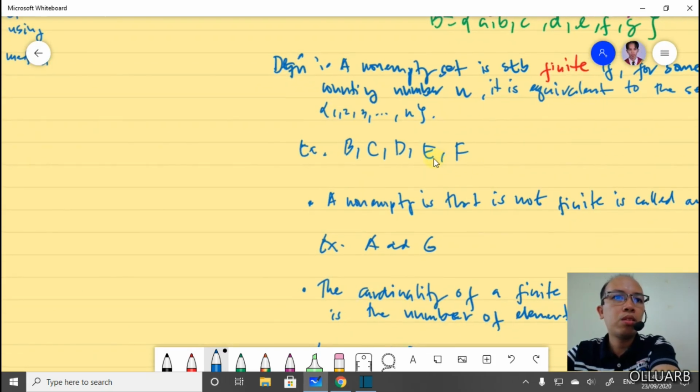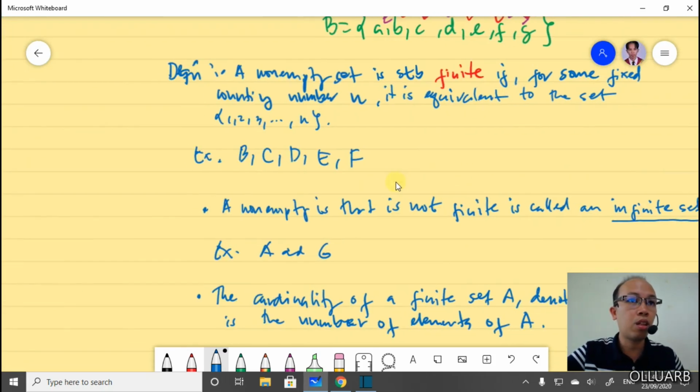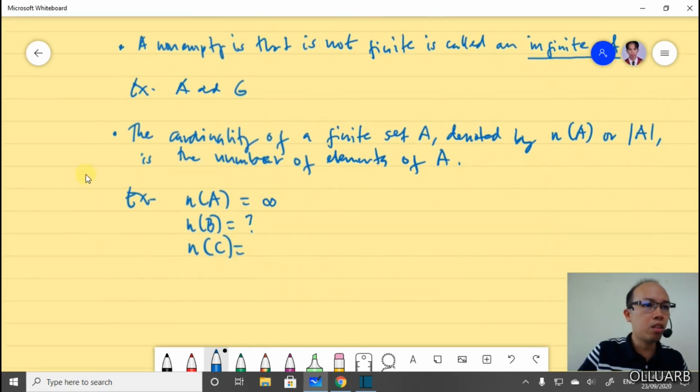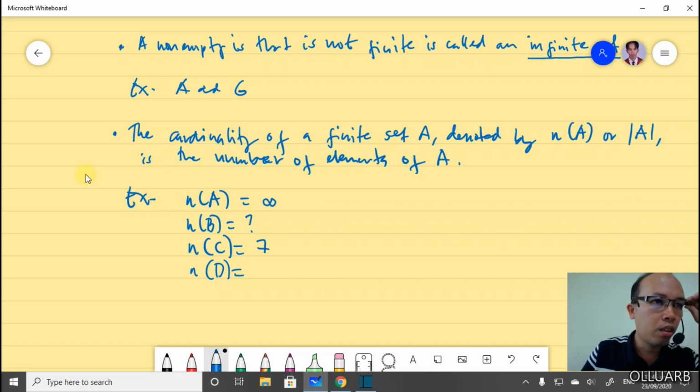and by the way, the empty set is also a finite set. Okay, so n of C is 8, the set of all distinct letters in the word beautiful. D is the set of all letters in the English alphabet, which is 26. N of E, we counted them before, this is also 8. N of F is 0.